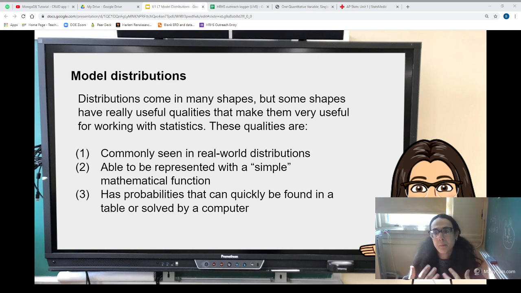Why might we do this? Models are simpler than real-world things. Real-world things are messy. Models are not. Models can be well characterized. We can know things about them. We can calculate things about them. We can create one if we have the right kind of information.